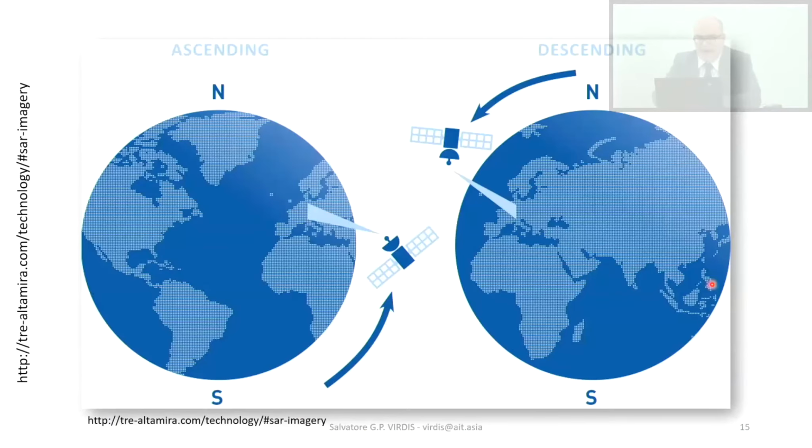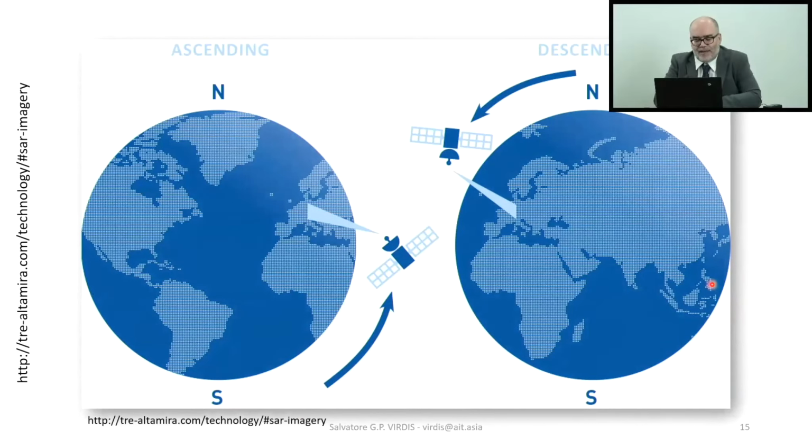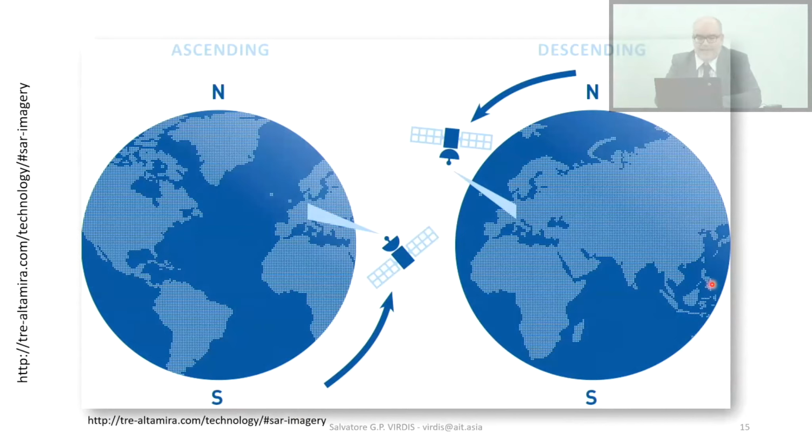However, nowadays this system has the capacity to observe the Earth surface with two different geometries, so in an ascending mode and in descending mode.